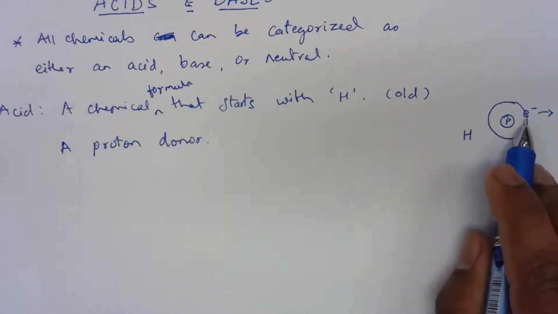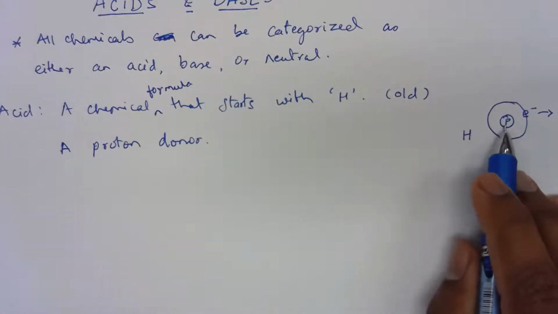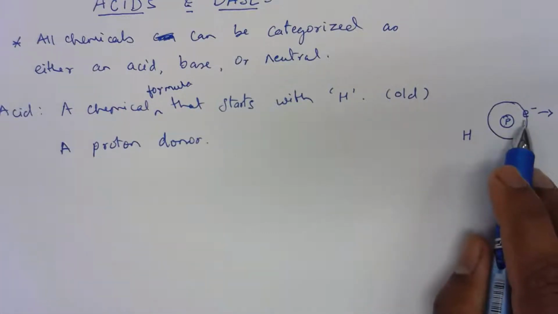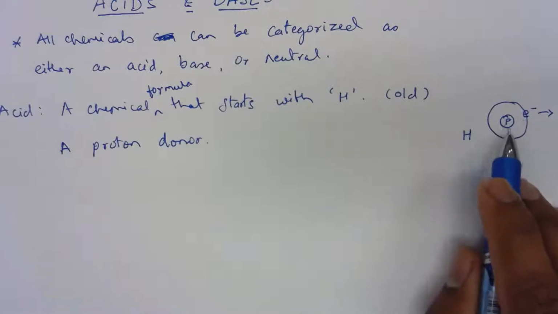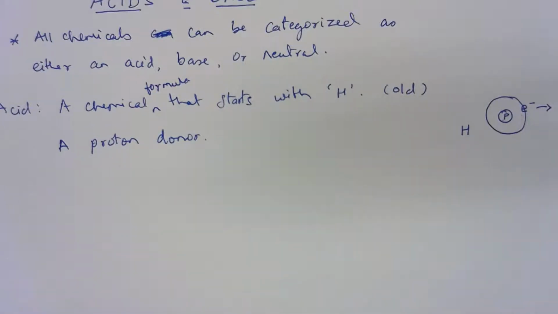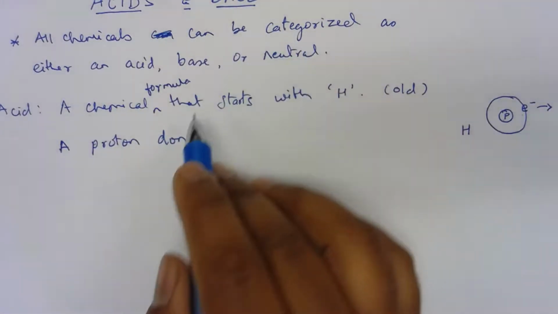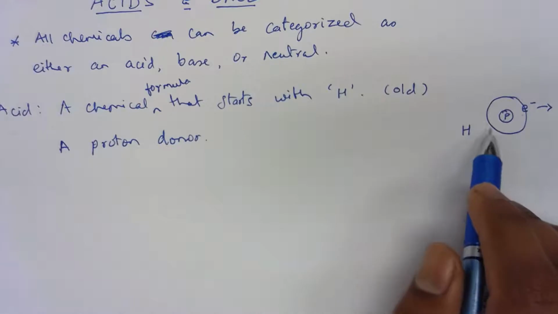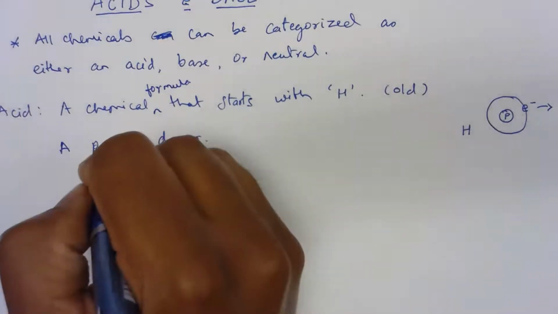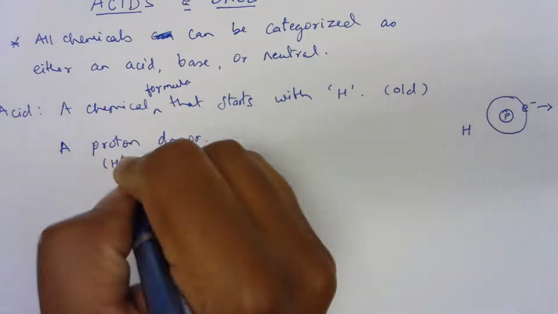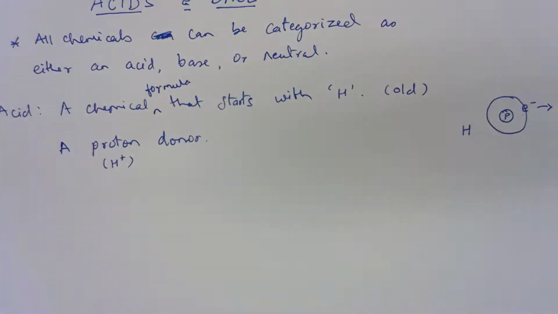Just the proton, right? So a hydrogen ion, which is what you get when you get rid of this electron, is called a proton. So when you see the word proton in the context of acids and bases, that's what that means. A proton is another word for hydrogen ion.